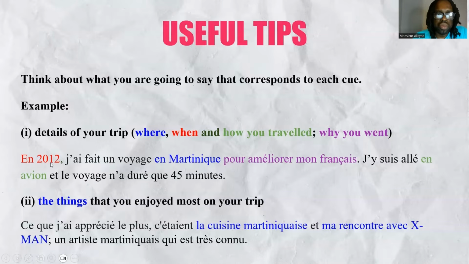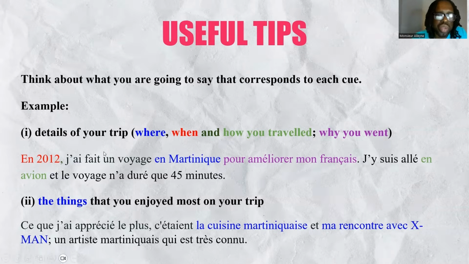So, en 2012, j'ai fait un voyage en Martinique pour améliorer mon français. Je suis allé en avion et le voyage n'a duré que 45 minutes. All right? So that's it for the first cue.